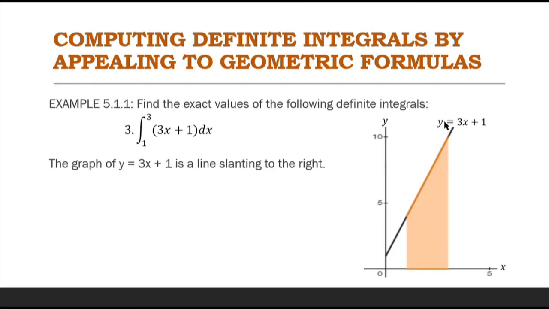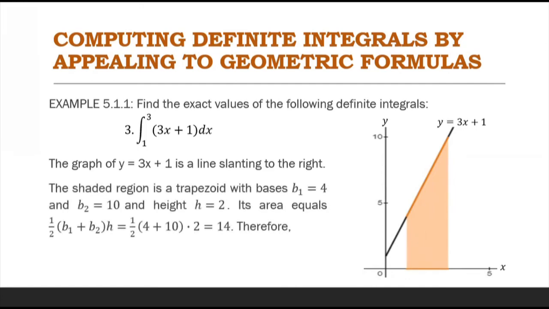So, ang kanyang function y equals 3x plus 1. So, pag tingnan natin yung area bounded ng region, start from 1 up to 3. Ito ngayon yung orange, ito yung shaded region. So, kung mapapansin mo, dun sa ating area, isa siyang pwede natin tawagin na trapezoid. Di ba? Isa siyang trapezoid.